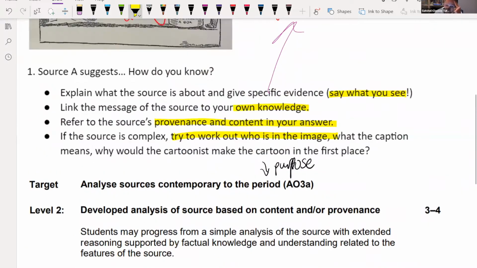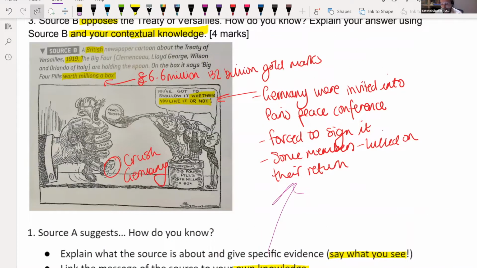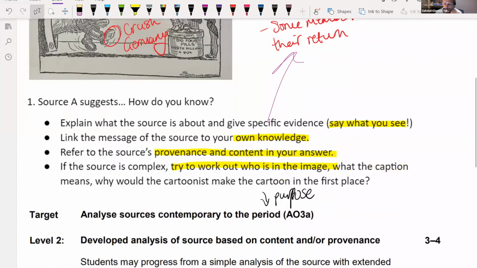So if you had said something like, the source shows that Germany is being force-fed a pill, I know that Germany had to sign the Treaty of Versailles even though they didn't want to, that might get you a level 1 answer, probably 1 mark.